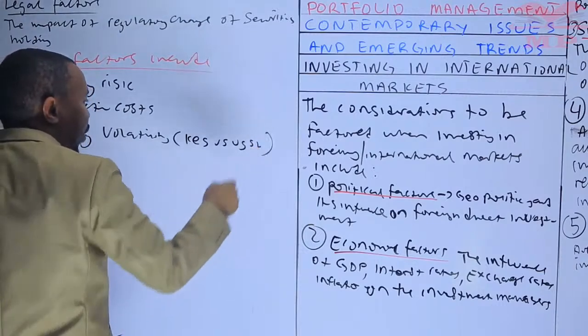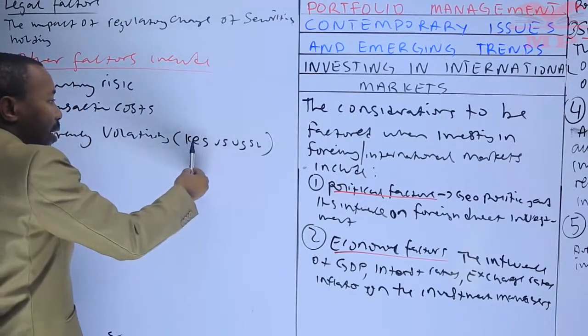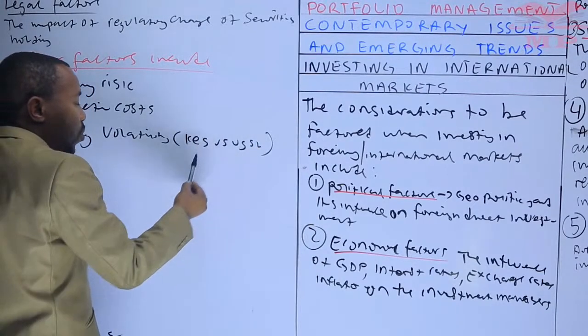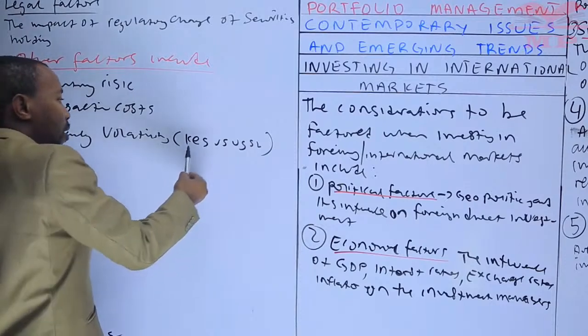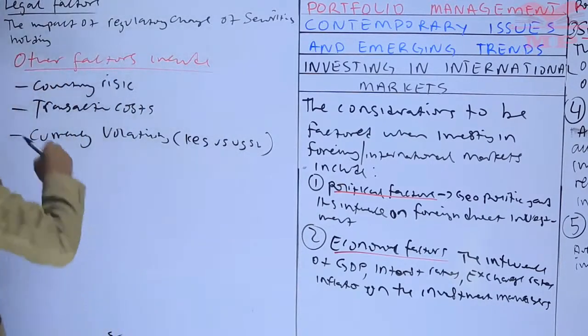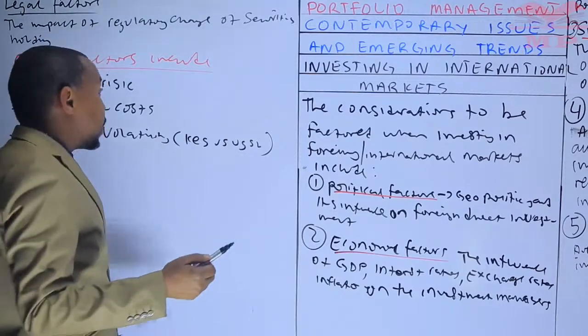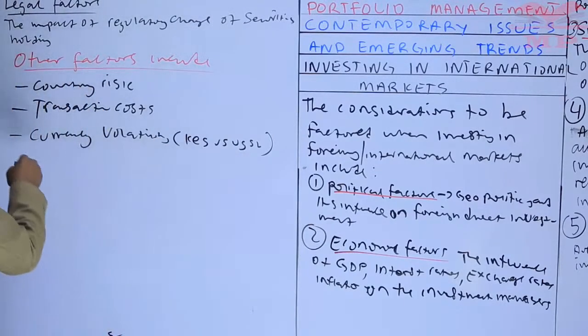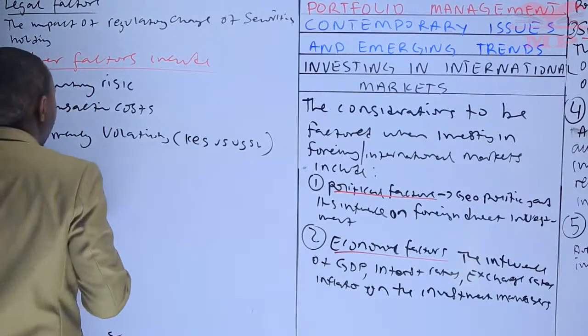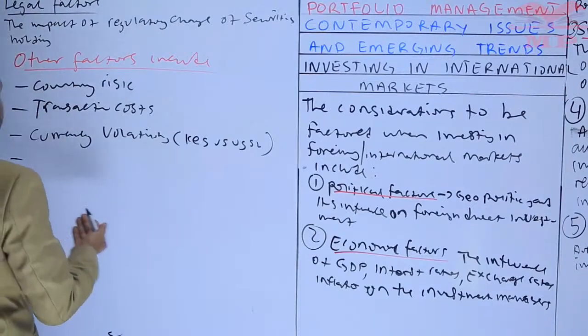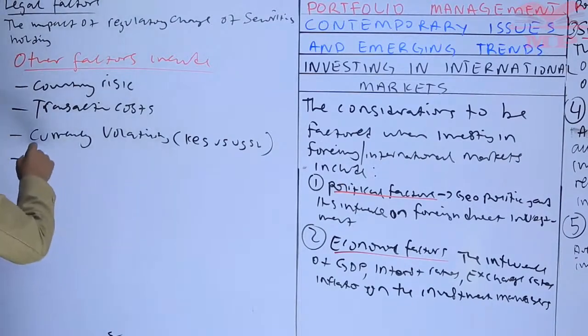Is it very volatile? At one time, is the Kenya shilling losing ground against the Uganda shilling, or is the Uganda shilling losing ground against the Kenya shilling? How erratic that moves would affect foreign direct investment or participation in international markets. We're also seeing the final point is liquidity.